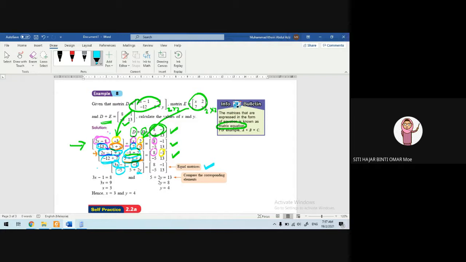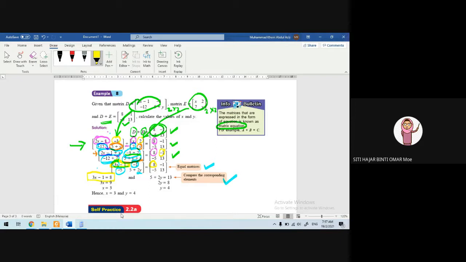Okay, after this equal matrices, you need to compare the corresponding elements. Okay, so we have 3x minus 1 is corresponding to 8. Here, we compare the corresponding element. Okay, after we compare, we have an equation.